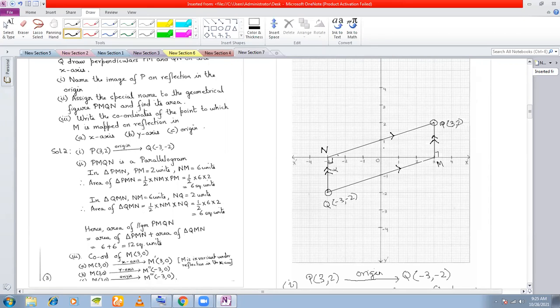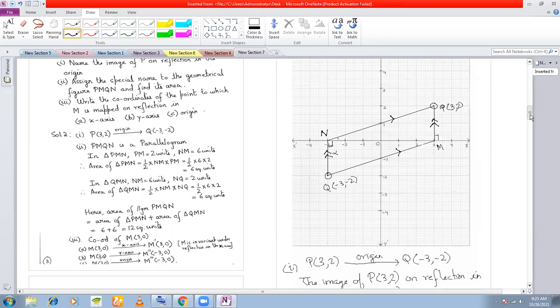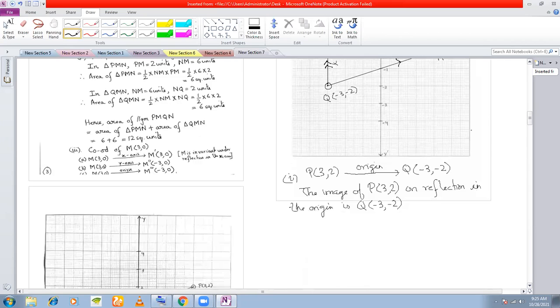So it is definitely not a square also. That means the only option that is left is it must be a parallelogram. So you write: the quadrilateral PMQN is a parallelogram.